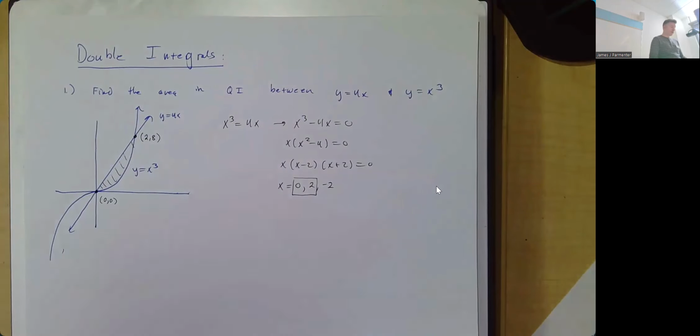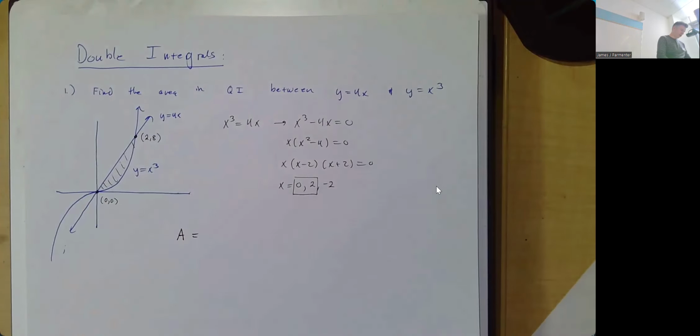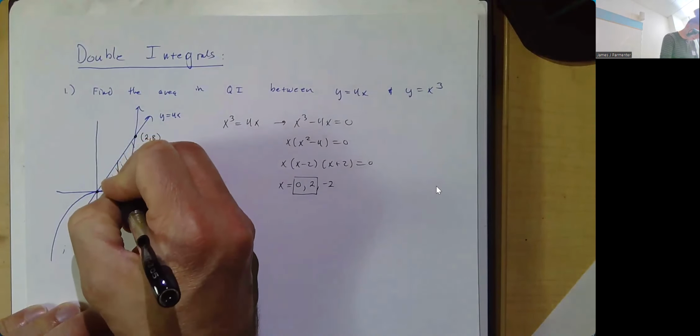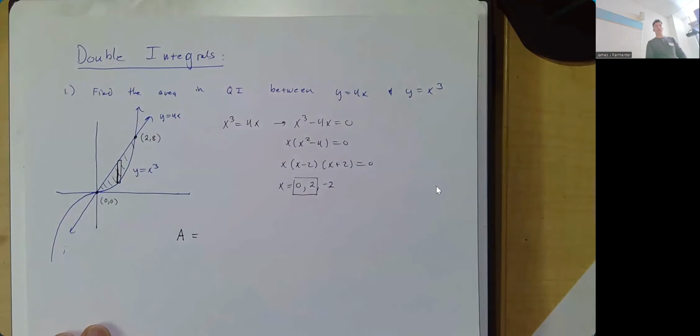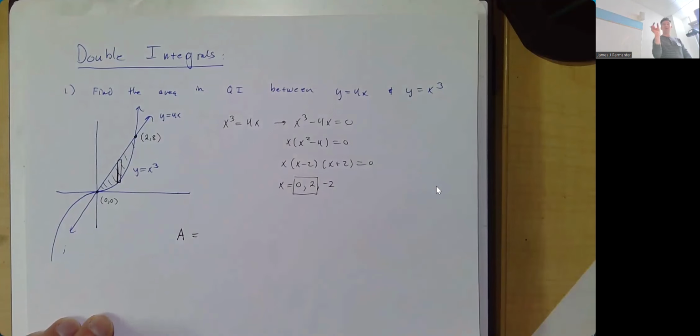So one way you could write the area of this curve using a single integral is that the area, sorry, one more thing. I like to draw a little vertical rectangle here and think of the area of that rectangle. The area of that rectangle is the base, which is a small change in x, times the height, which is the top function minus the bottom function.